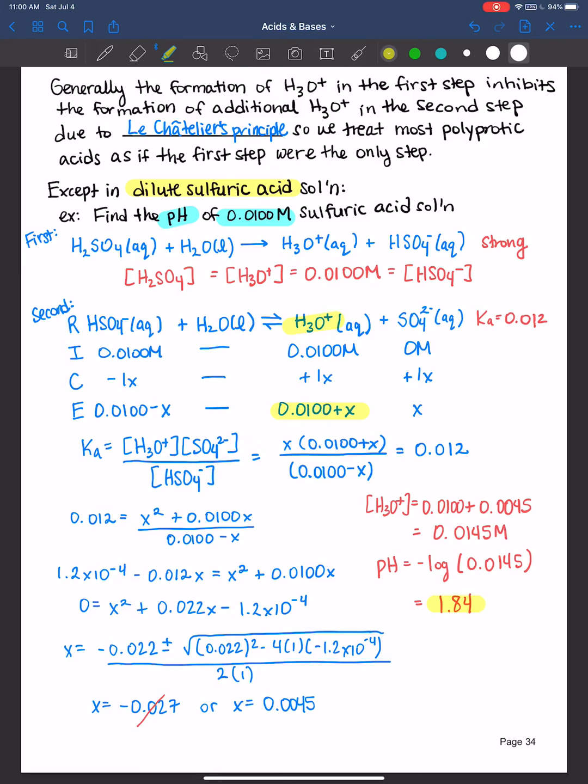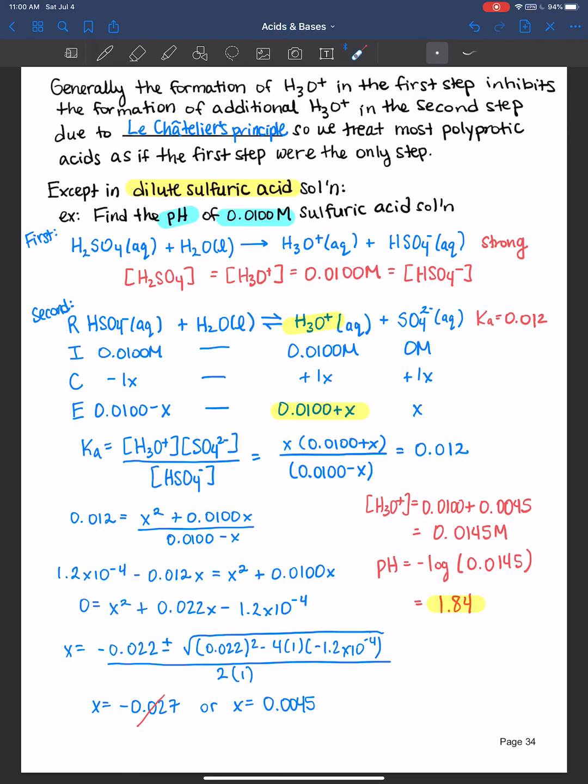So in summary, if you have a dilute sulfuric acid solution, remember sulfuric acid is a polyprotic acid. The first step is just the strong acid ionization where the concentration is equal to the hydronium ion concentration as well as the conjugate base. You have to do the second step for the sulfuric acid because its Ka value is pretty significant.